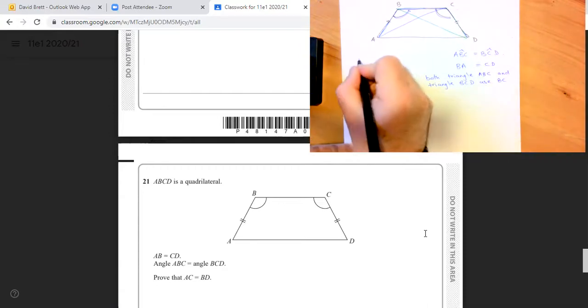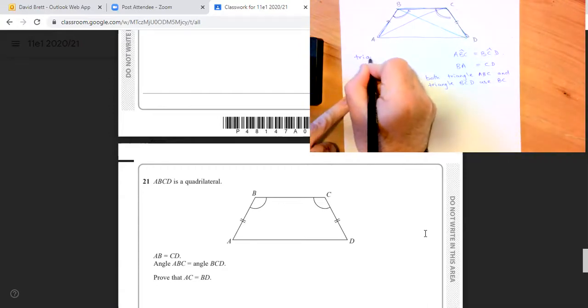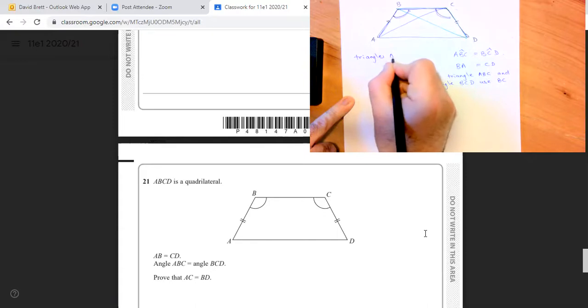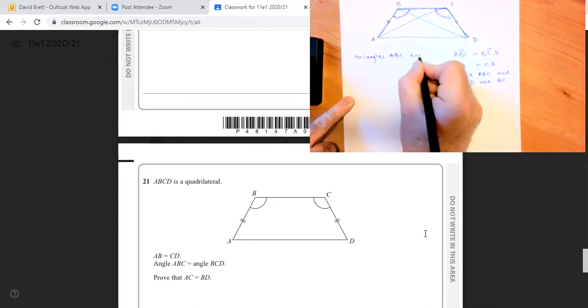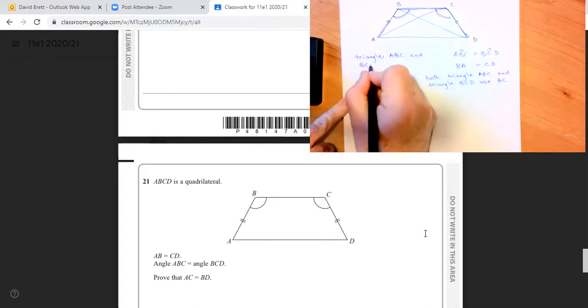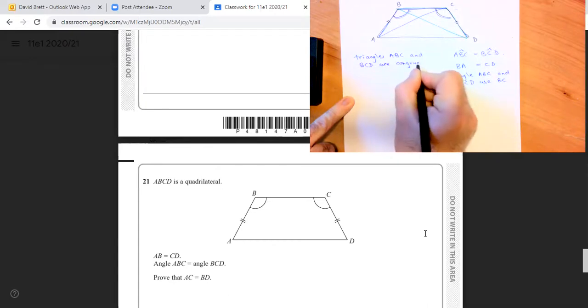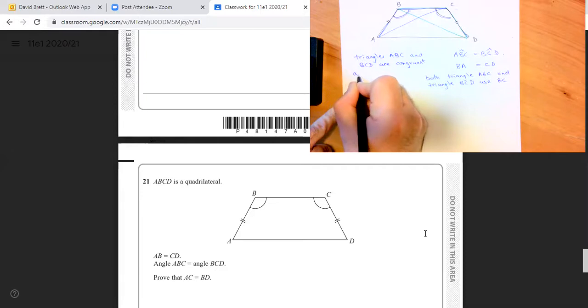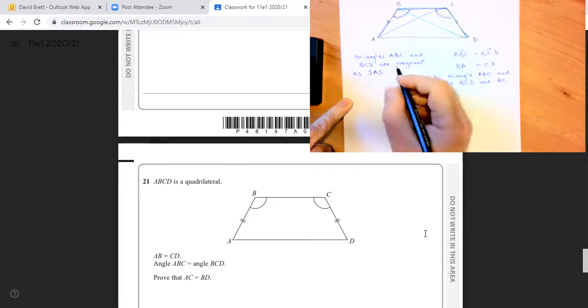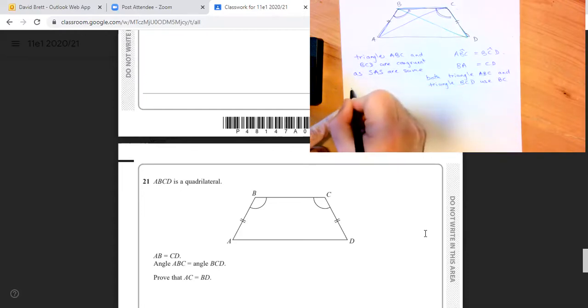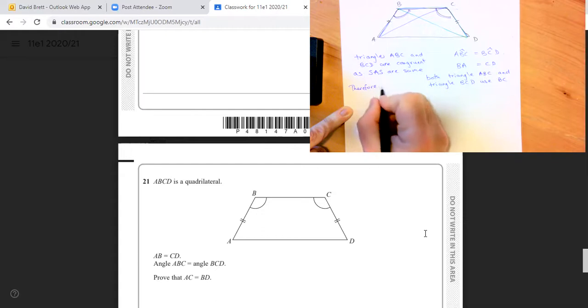So triangles ABC and BCD are congruent as side angle side are the same. Therefore, AC equals BD.